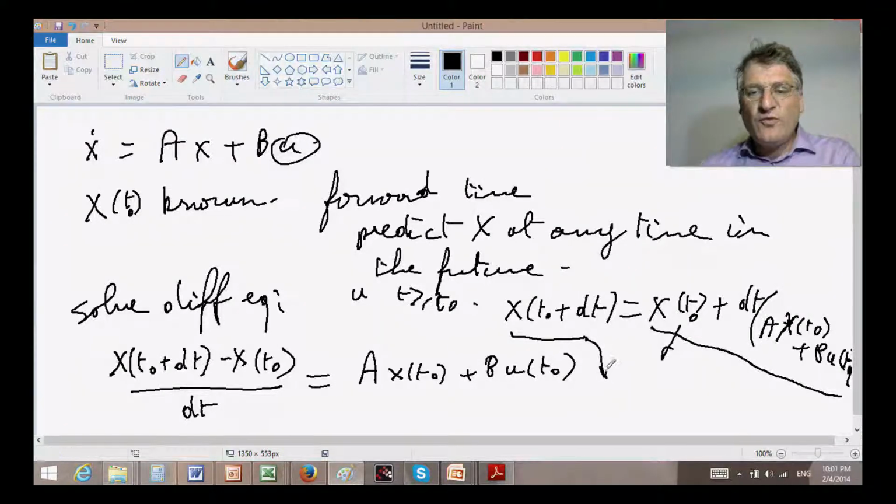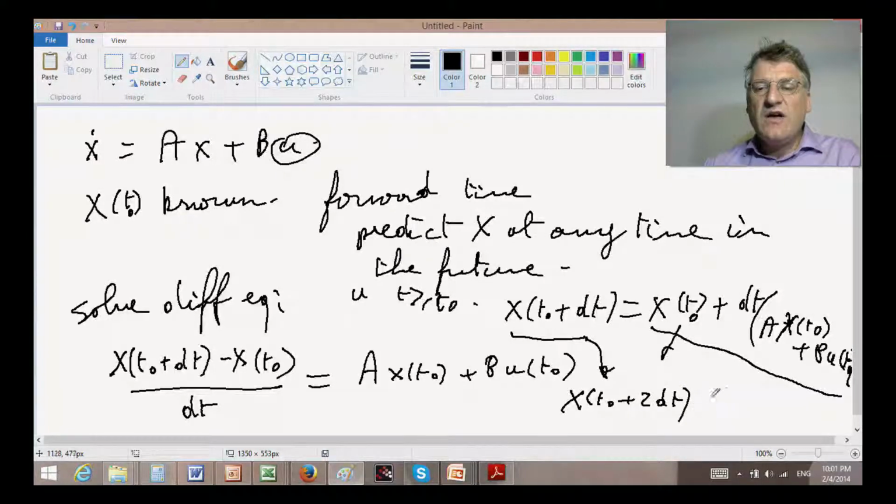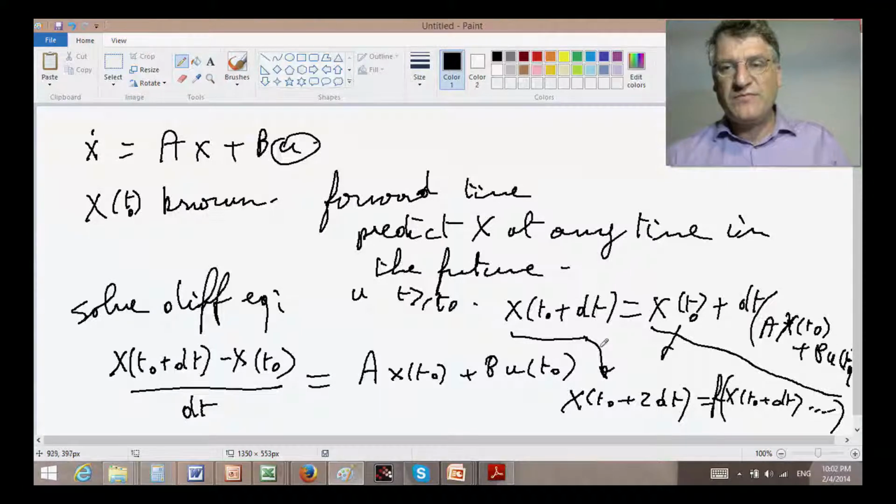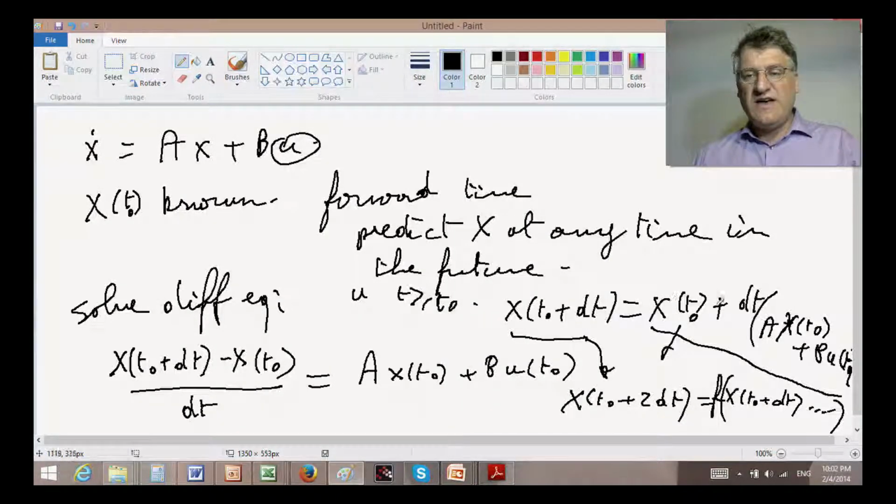And then, of course, once you know x at time t0 plus dt, you can compute x at time t0 plus 2 times dt. And it will be a function of x of t0, x of t0 plus dt, and other things like that. But my point is that x of t0 and then u at times greater than or equal to t0 is all you need to know in order to predict what the next condition of the system is going to be.